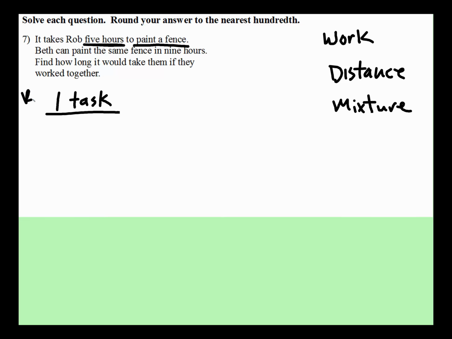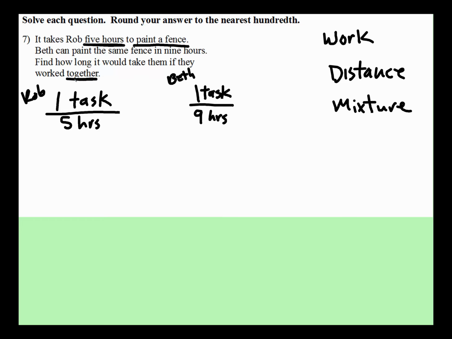Rob can complete one task in 5 hours. Beth can paint the same fence. So now we have Beth. Beth can complete that one task in 9 hours. How long would it take them if they worked together?